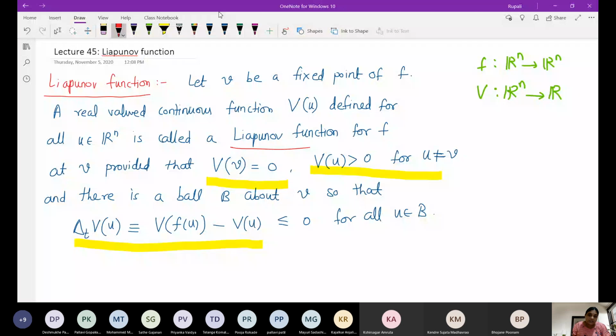It means if such a function exists, then we will say it is a Liapunov function for f. Is that okay? Yes, we will see examples of Liapunov functions. This is just the definition.